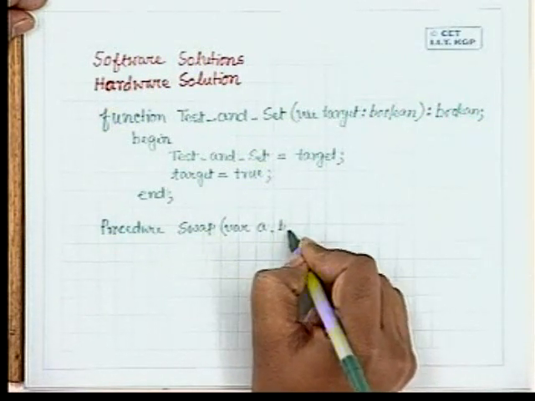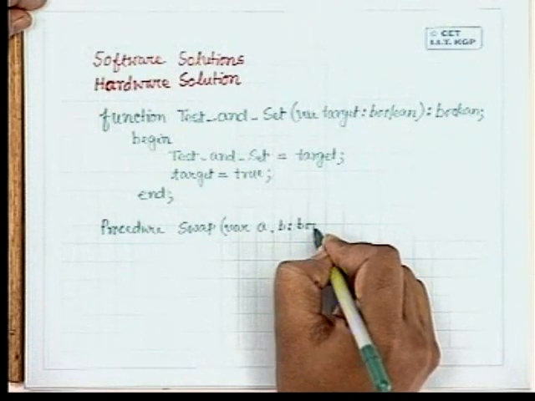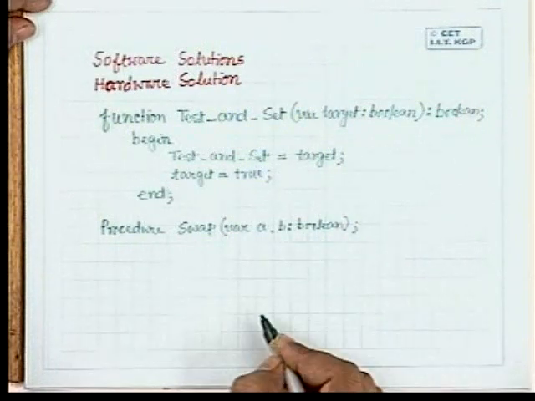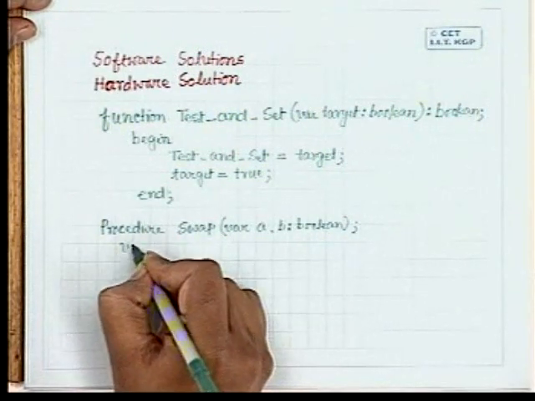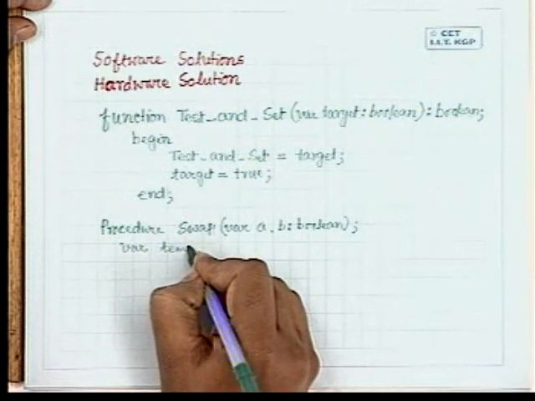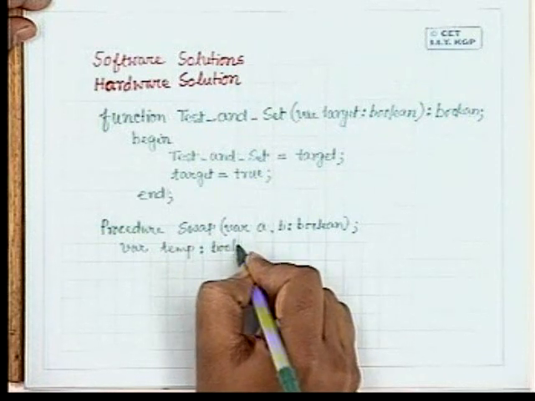Let us say the arguments are a and b, and these arguments are of type Boolean. It has a local variable, say temp, which is also of type Boolean.